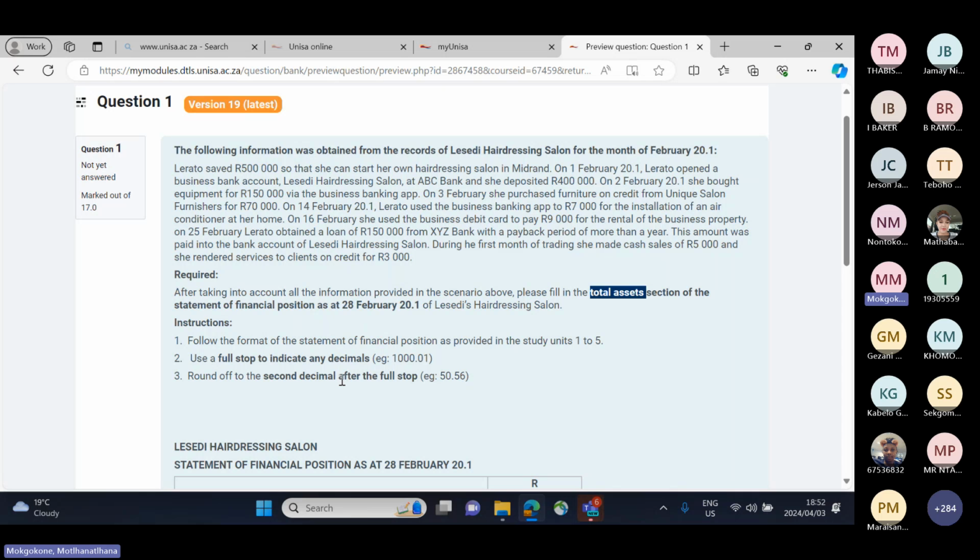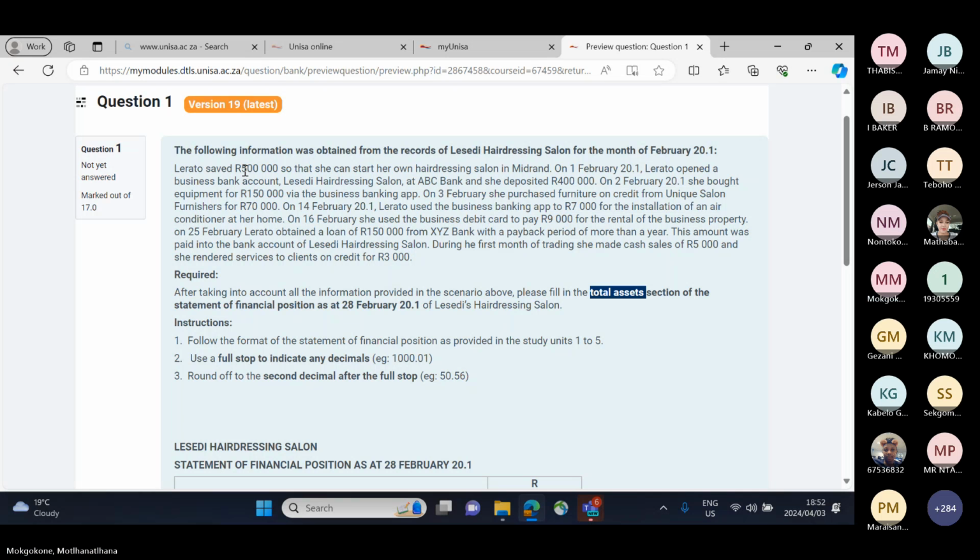Round off the decimal after the full stop. Here we gave you an example. I don't remember in the assessment, but here it is marked out of 17 marks. Here you are given the information that was obtained from the records of Lesedi Hairdressing Salon for the month of February 20.1.